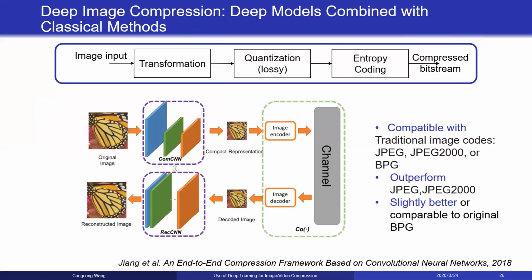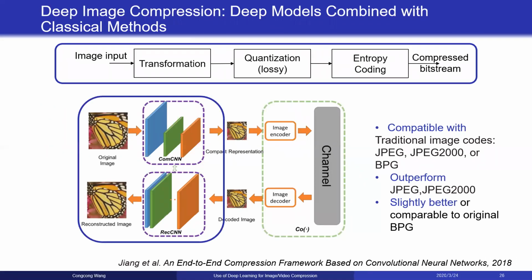Another interesting work is where deep learning is used to compact the input image first. Then the compact representation is sent to traditional image coding standards. This method is comparable with the traditional coding methods.